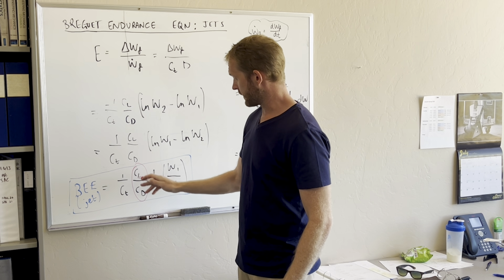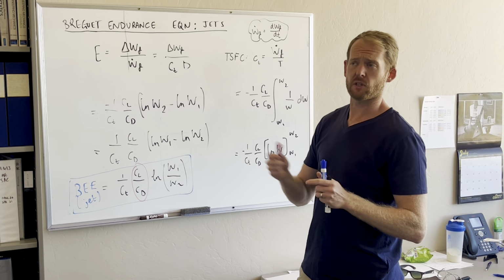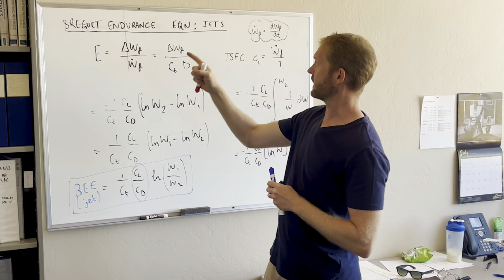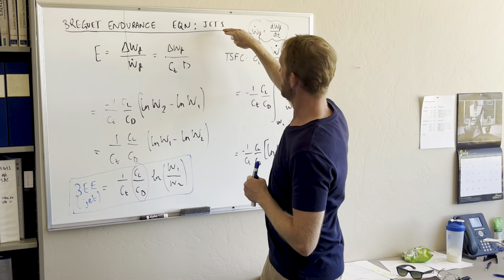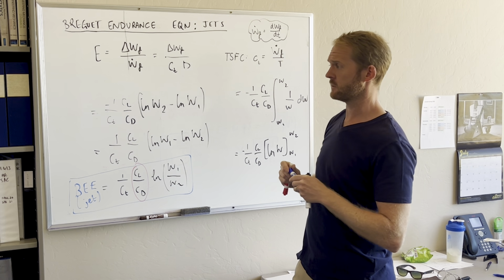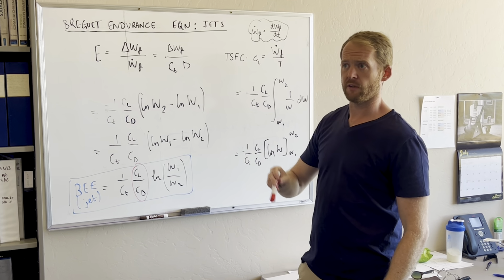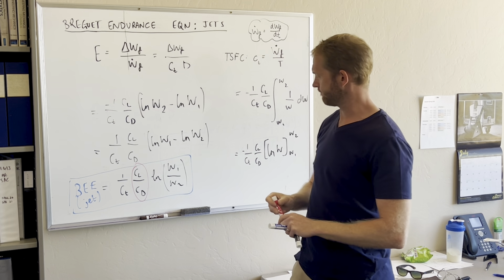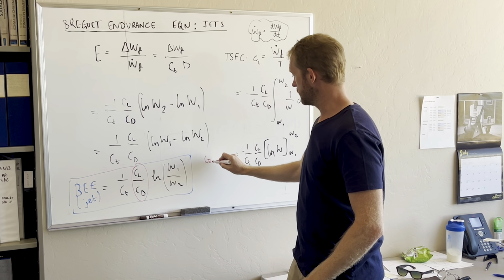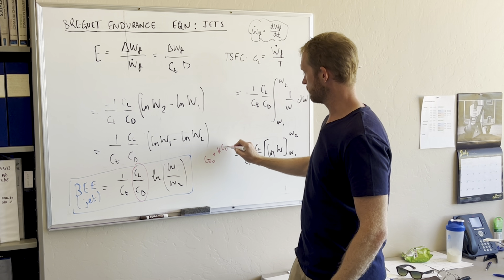So this is the direct lift to drag ratio, and as we discussed in the previous video regarding the Breguet equations for piston propeller driven airplanes, the maximum lift to drag ratio is achieved when the parasite drag CD0 is equal to the induced drag K CL squared.